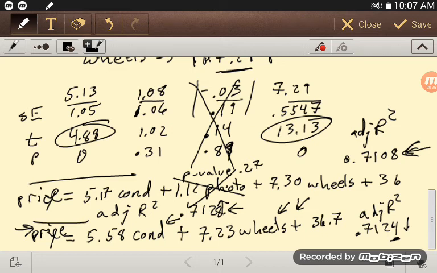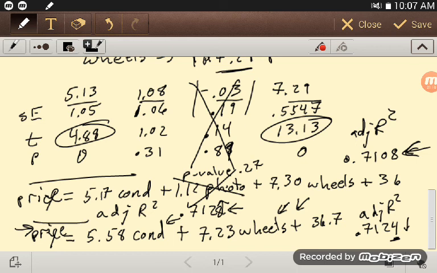And really, if you account for the number of wheels, and that's what you'll also often see in studies, they'll say, accounting for socioeconomic status and this and that. Well, if we account for the number of wheels, we see that the condition still matters, okay? It still matters, but it only matters about half as much. It's only around $5.50 instead of $11, okay?